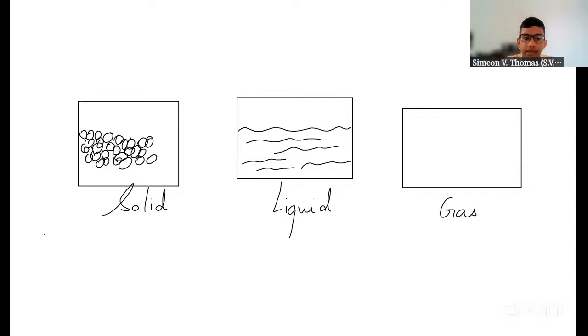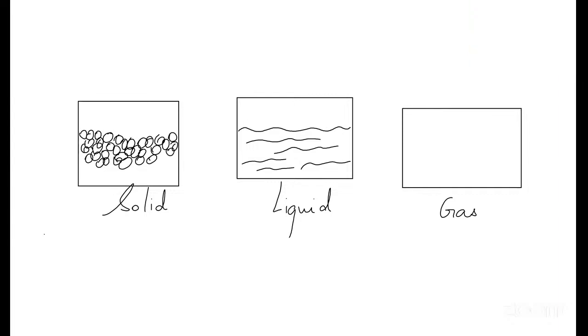Solids are more dense than liquids or gases. Yes, that is correct. If I say about liquid, the molecules are a little bit far. And if I talk about gases, then they are very far.